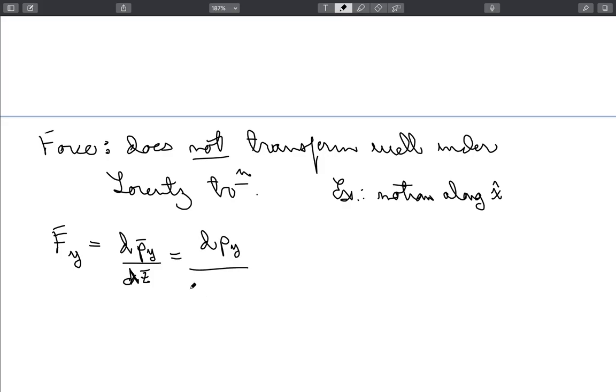So the t̄ is just related to the previous one by the law that we saw, t̄ = γ(t − (β/c)dx).